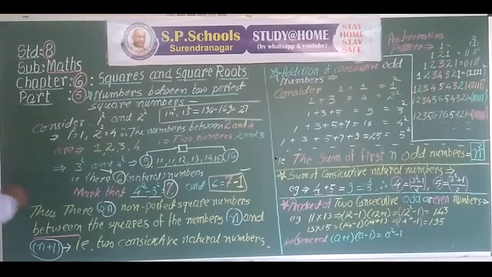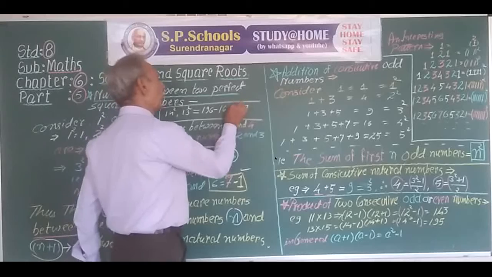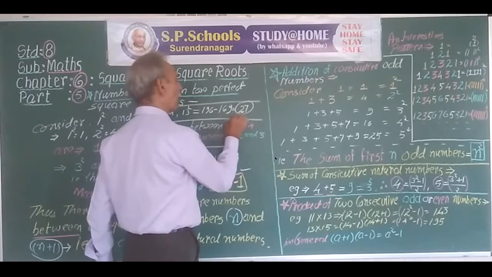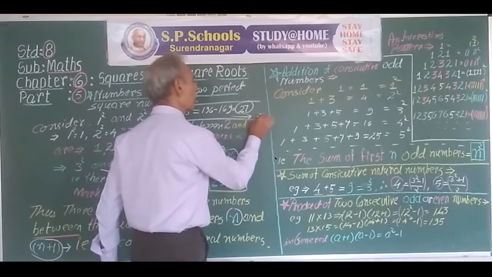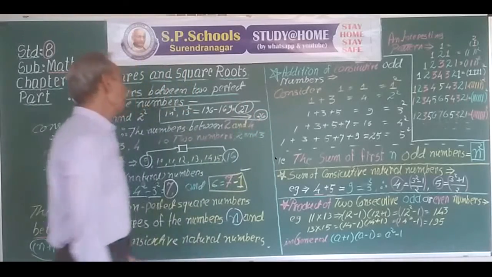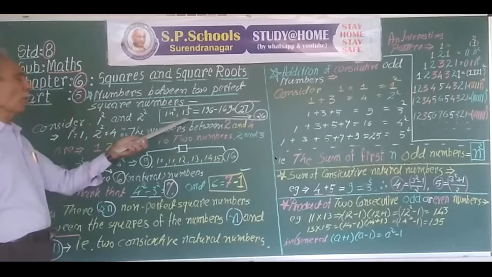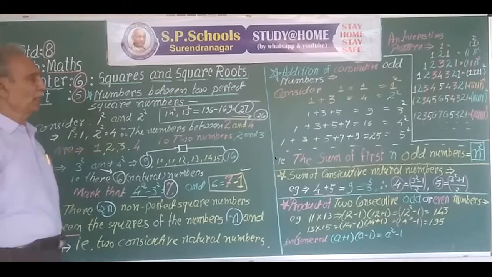So there will be 27 minus 1, that is 26 numbers between the squares of these numbers, less by 1.